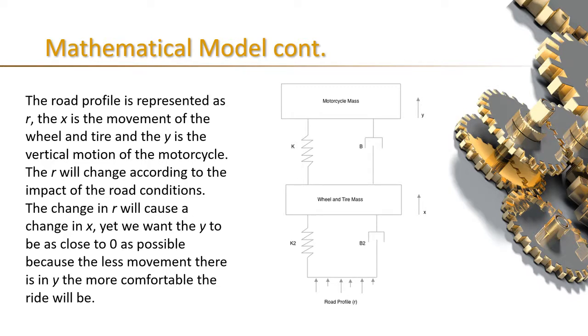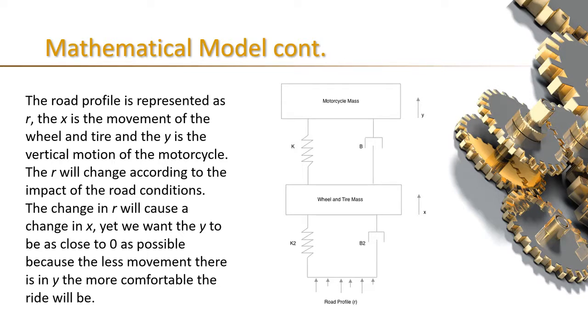The road profile is represented as R, like I said before. X is the movement of the wheel and tire. Y is the vertical motion of the motorcycle. R will change according to the impact of road conditions.